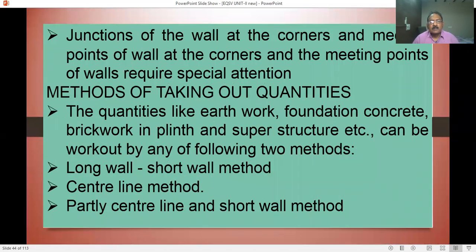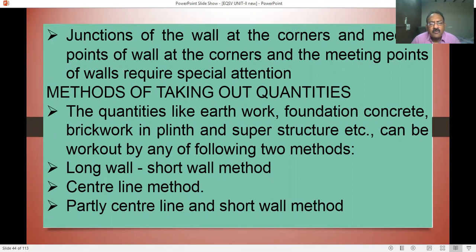Now here one more important point is junctions of the wall at the corners and meeting points of walls require special attention. For uniform walls, uniform beams or uniform foundation sections, you can do it easily.